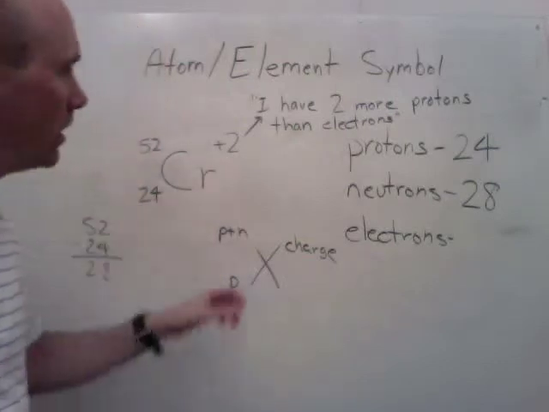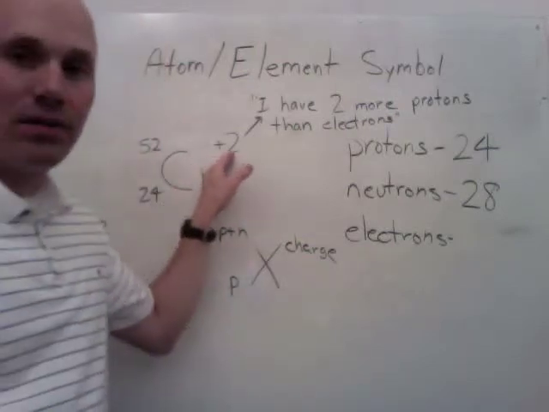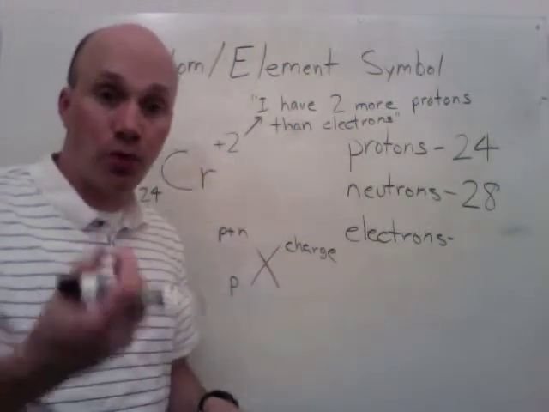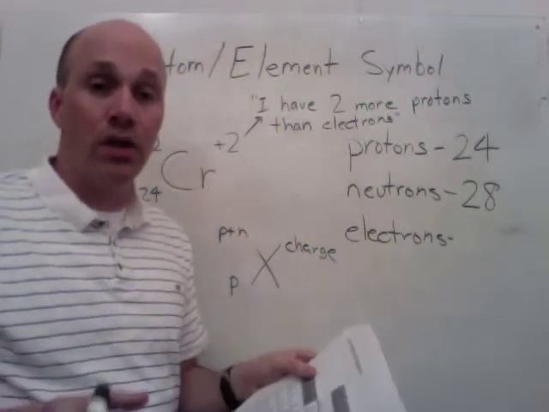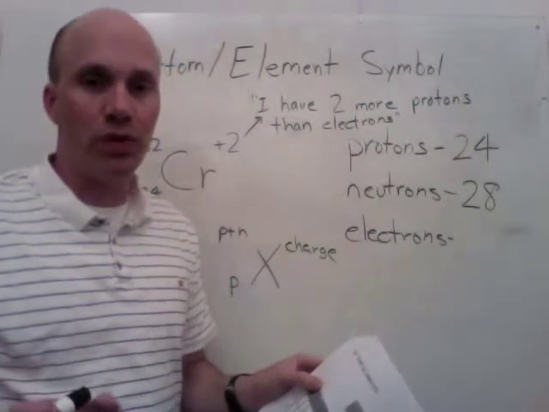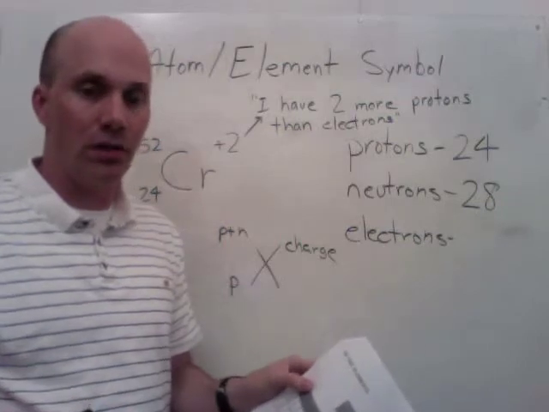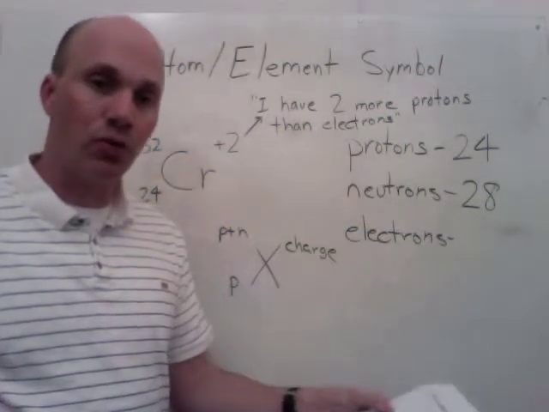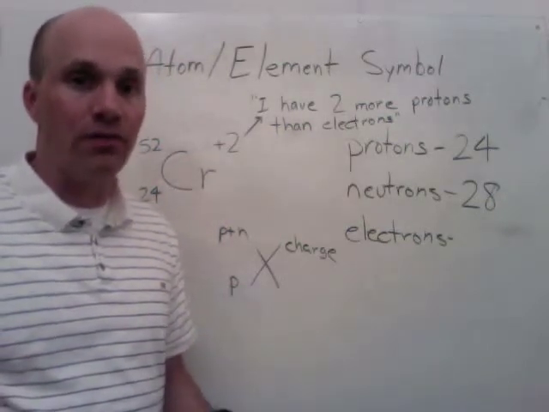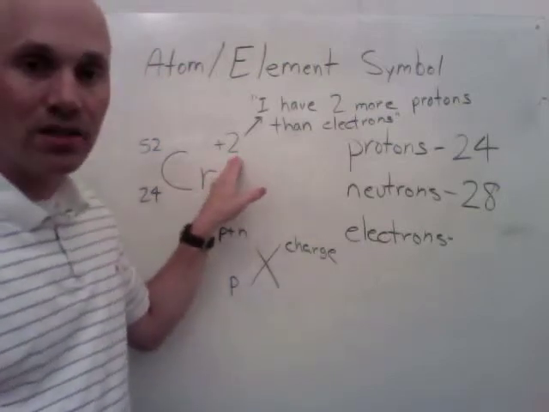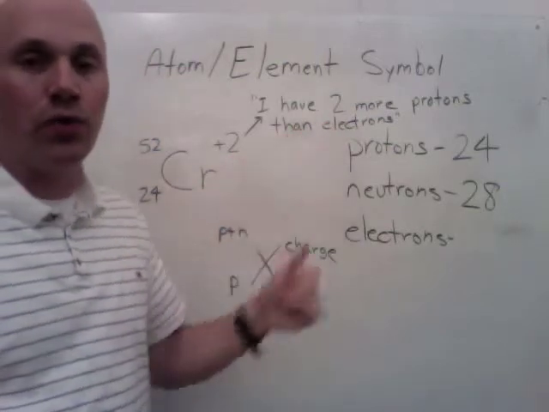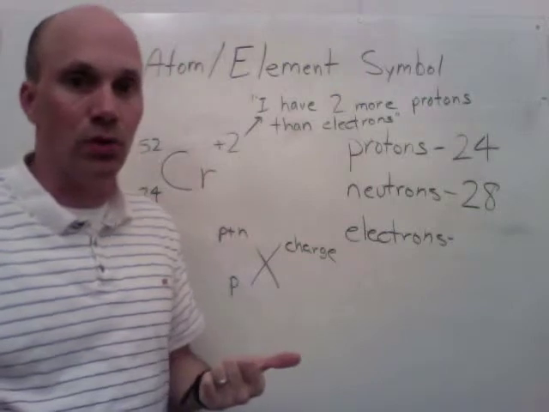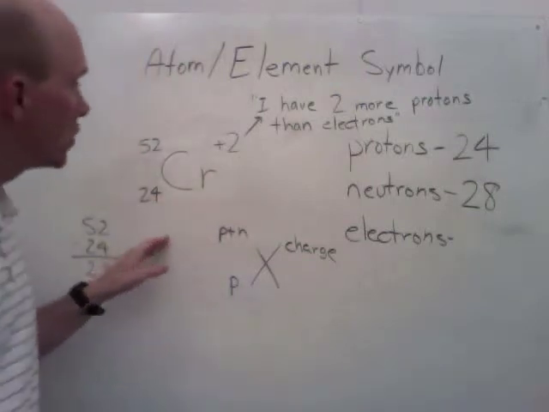How do we know that? The only way that he's got a positive 2 charge is because protons outnumber electrons. If you had exactly the same number of protons and electrons, the charge would be 0. If you had more electrons than protons, the charge would be negative. The only way that you have a positive 2 charge is for the protons to outnumber the electrons by 2. Okay, so here's the logic.